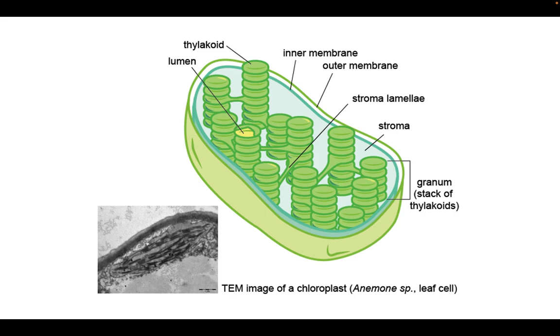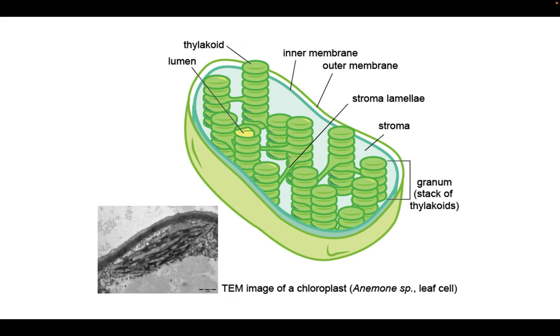If we now look in more detail at a chloroplast, we will see that it contains a number of different structures. First of all, it's got a double membrane, an inner and outer membrane. Then there is a cavity, which is called the stroma, which is filled with fluid.